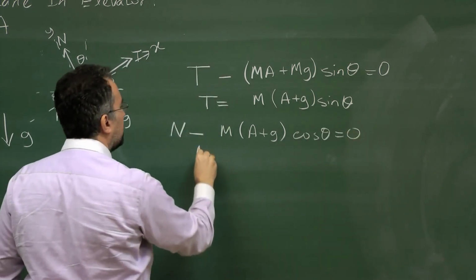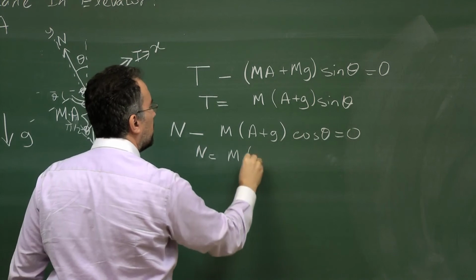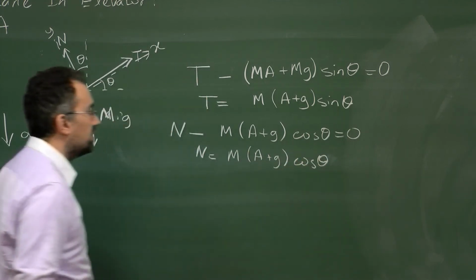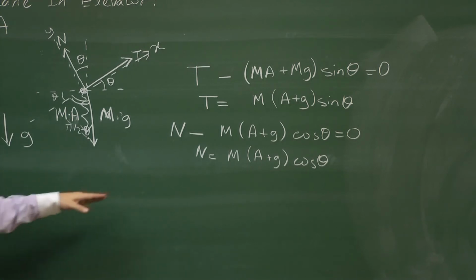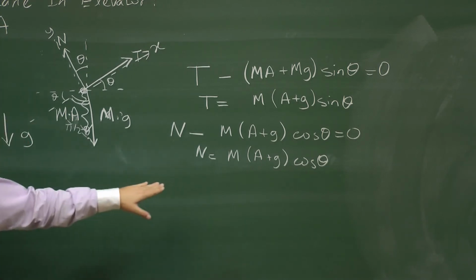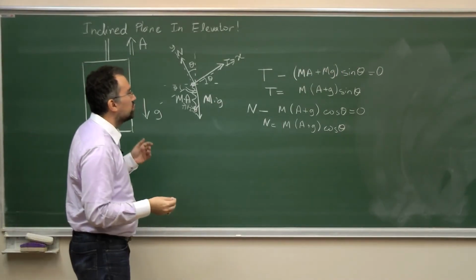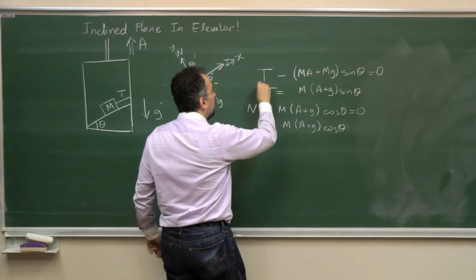This just gives me N equals m(a plus g) cosine theta. Since we're not really interested in N, the second equation was not of much use towards the answer. So I find this.